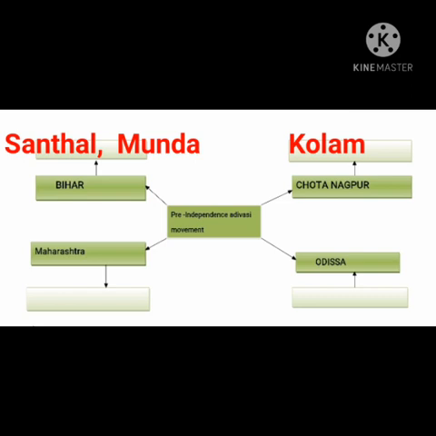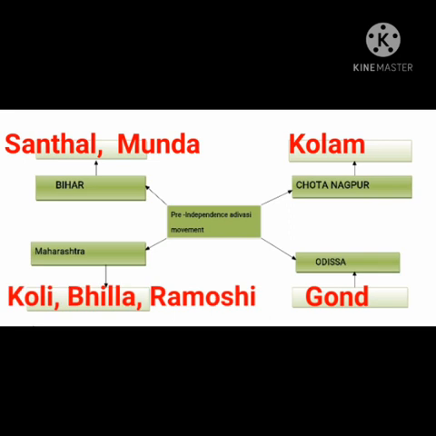Then in Odisha, the Gond tribal people started the movement. So the answer is Gond. And in Maharashtra, Koli, Bhilla and Ramoshi. These are the tribal peoples of Maharashtra who started the Adivasi movement before independence.